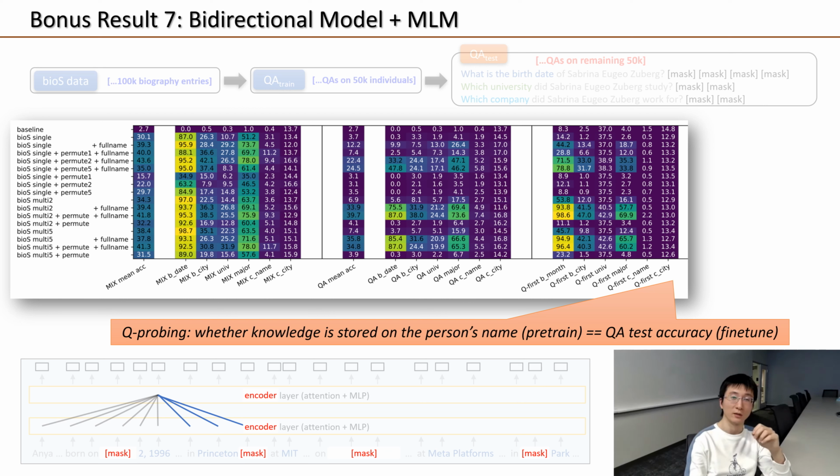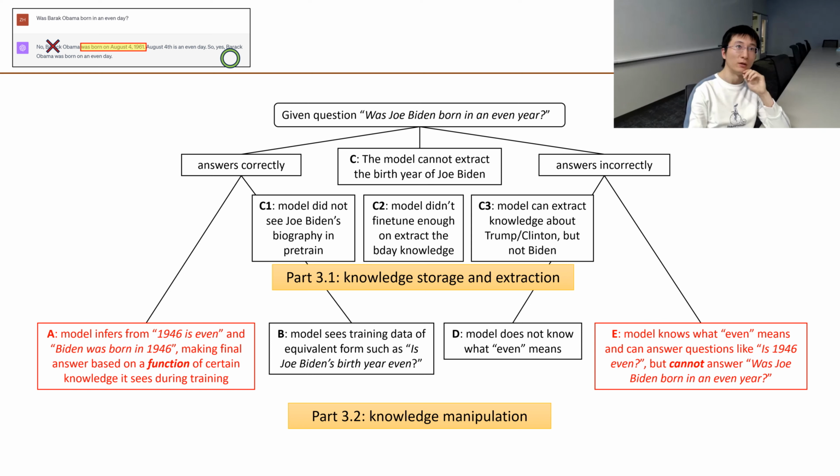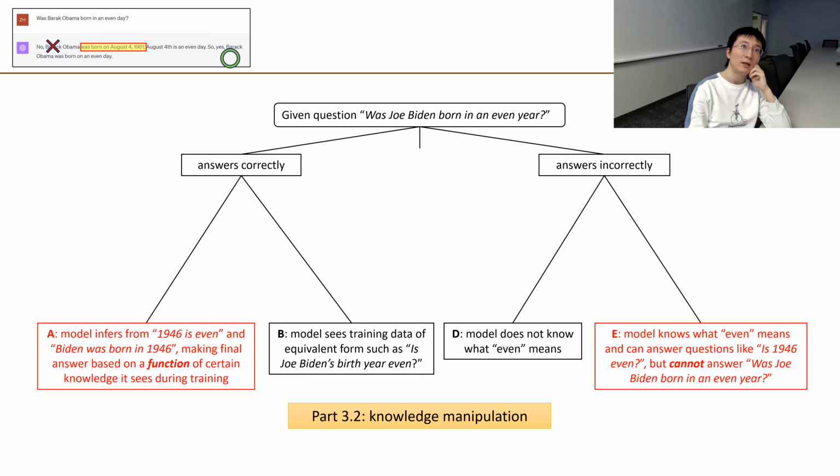So far, I have shown you most of the results for our first paper, which talks about under what condition the model can store knowledge in a way that later the knowledge becomes extractable during the fine-tuning process. For the remainder of the talk, let's imagine that we already have a model that can 100% extract knowledge.